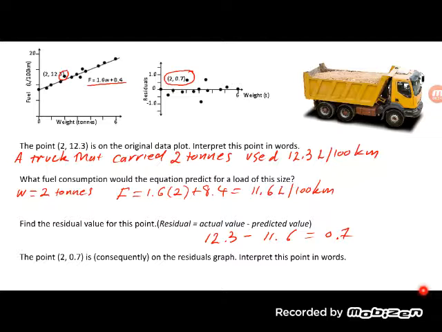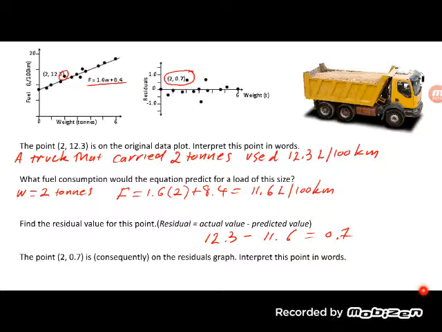So, what does this mean? Okay, so this is a frequently asked question. They'll tell you a point (2, 0.7) is on the residuals graph. There it is there. What does this mean? Interpret it in words. So this simply means, well, actually I'll let you think about this for a moment first, but it's all about how the actual value compares to what was predicted.